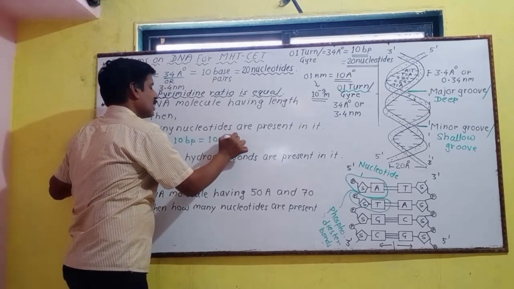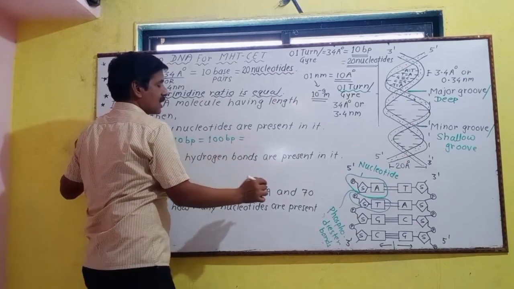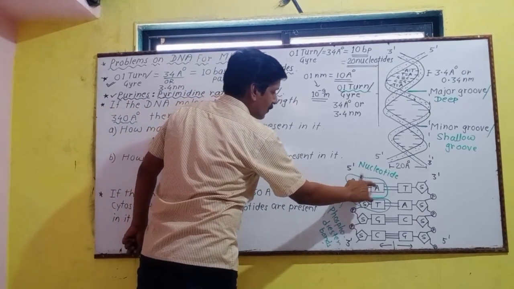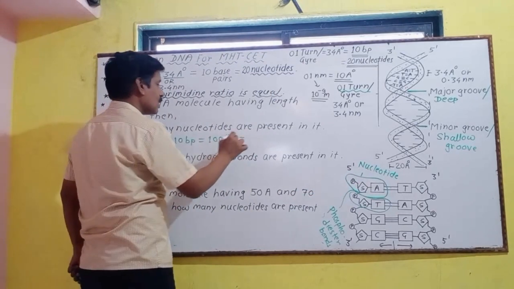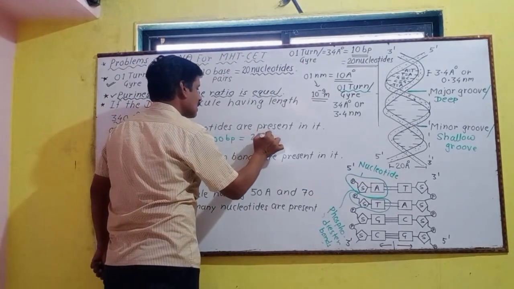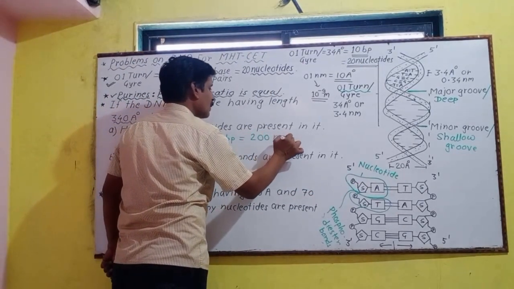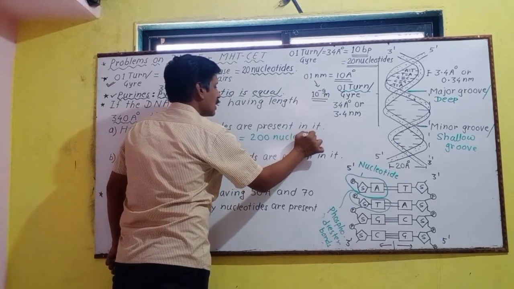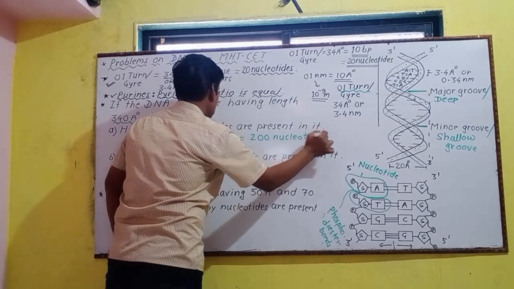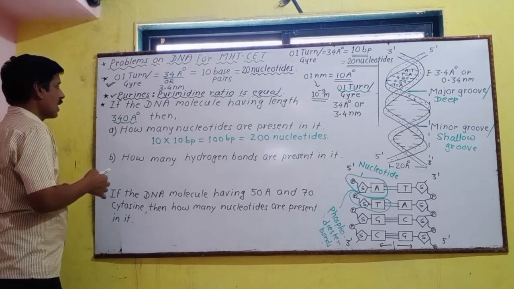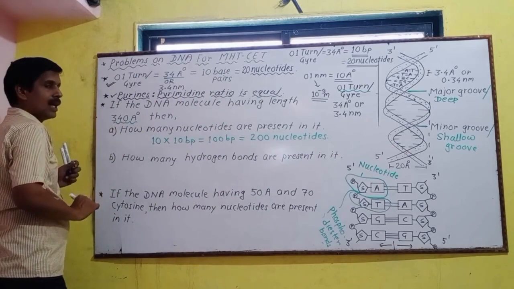And we know that inside each nucleotide there is one nitrogen base, and so the number of nucleotides is nothing but 200. That is, 200 nucleotides are present in the DNA which has the length 340 angstrom.